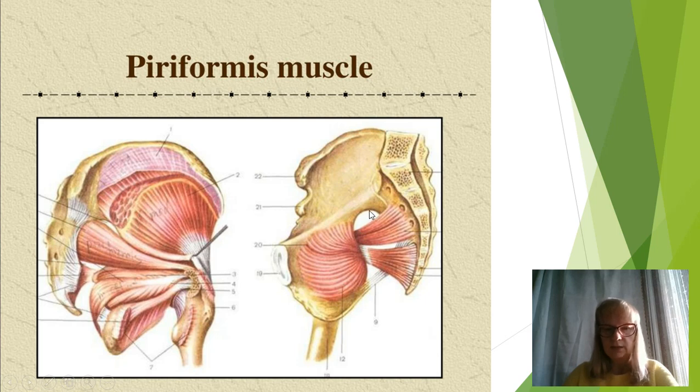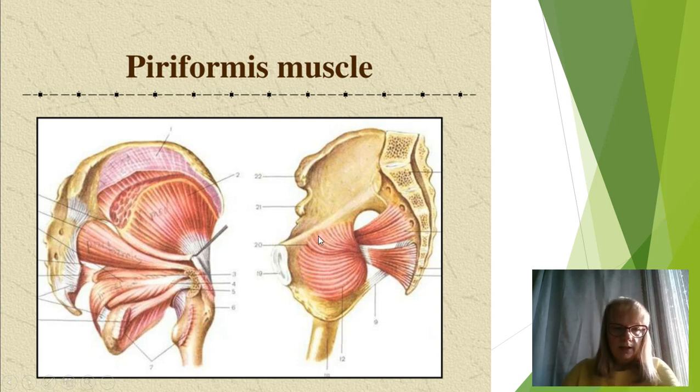Above the muscle will be the suprapiriformis foramen. Below the muscle will be the infrapiriformis foramen. Next to the piriformis muscle you see we have the gemellus superior and inferior, and between them the obturator internus.